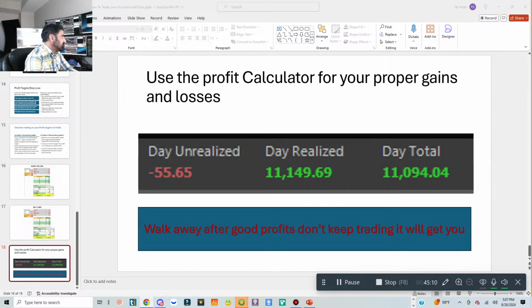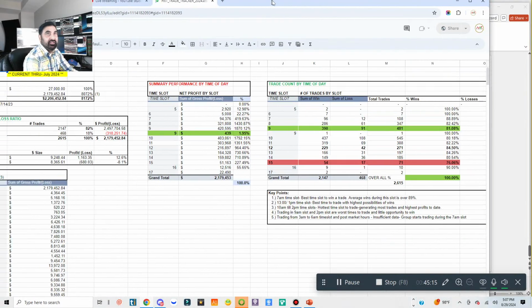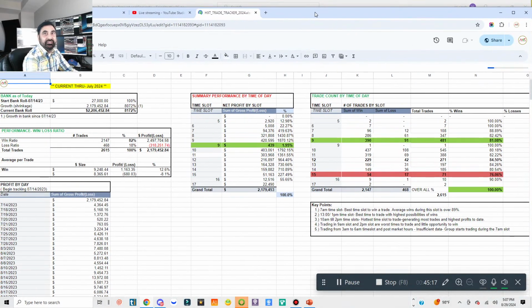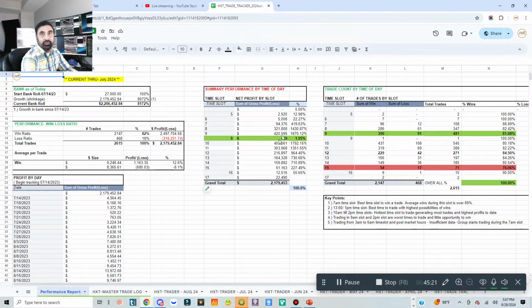And I'm going to show you something very interesting, guys, which is actually a known fact. It tells you the time of the day when your best winning percentage happens, the time slots, okay? It tells you the best winning percentage. Pre-market, right after around 7.